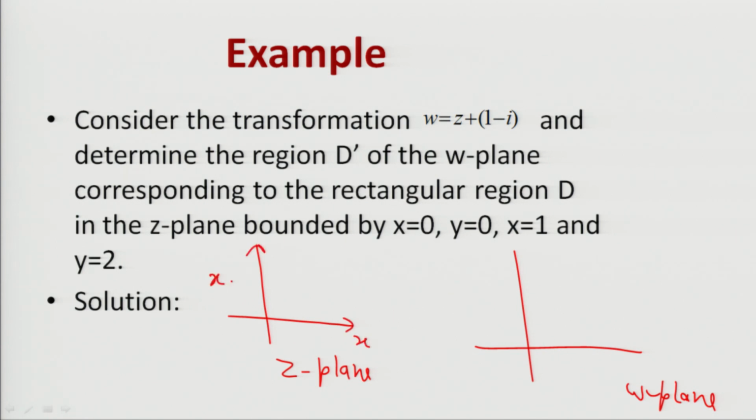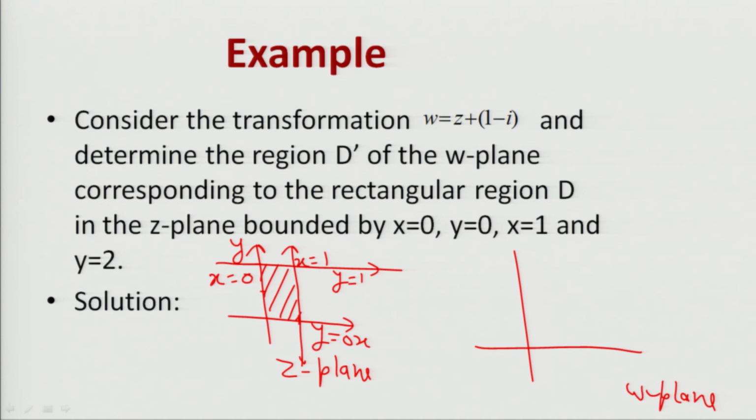This is the x = 0 line, that is the y axis, this is the y = 0 line, the x axis. Suppose this is at one distance, then this line will be parallel to the y axis, x = 1, and suppose here 1, 2, then this will be a line parallel to the x axis, y = 2. Then this is the rectangular region in the z plane of the given region.